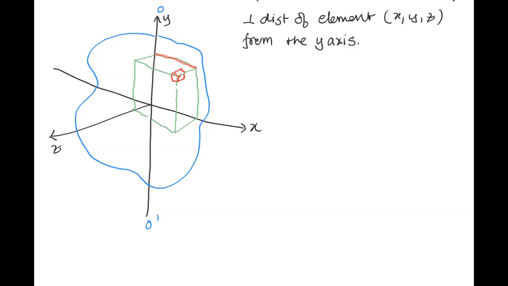So we have x, we have z, we have y. Perpendicular distance from the y-axis will be this distance, and this distance will be equal to under root of x square plus z square.